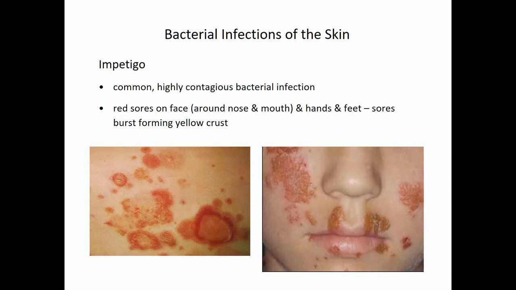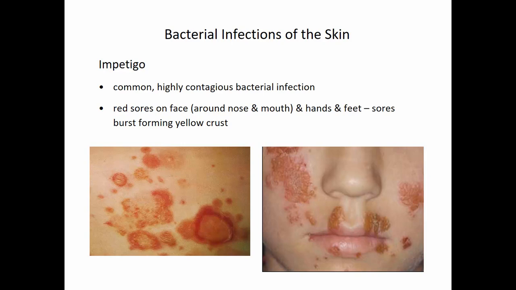Somebody has impetigo, they scratch, and then they touch somebody else, or they spread it to another part of their body. It causes these red sores on the face, hands, and feet, usually on the face, the nose and mouth area. And the sores will burst, and they form these little rings with a honey yellow colored crust, and that's pretty typical of impetigo.